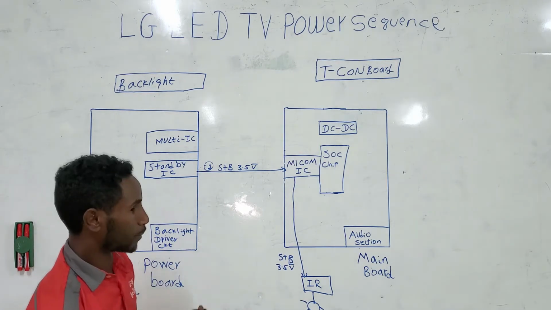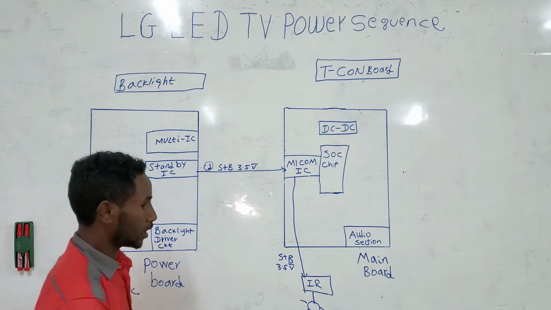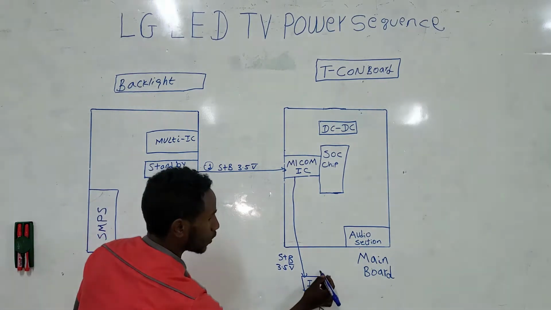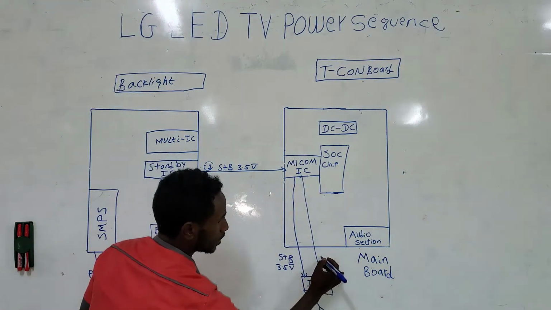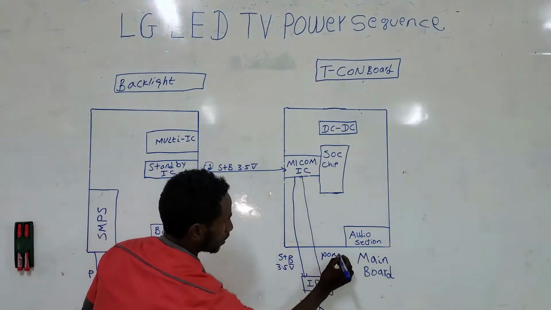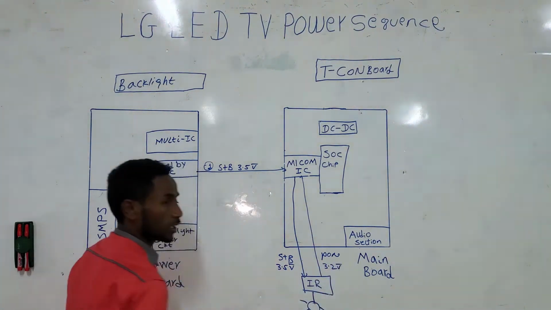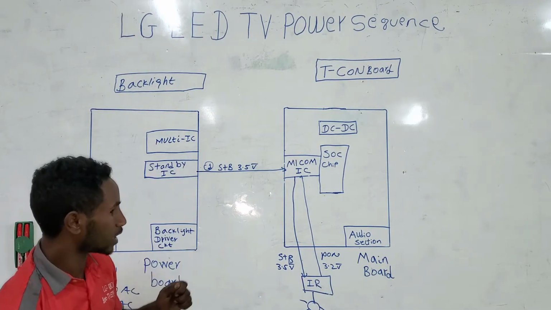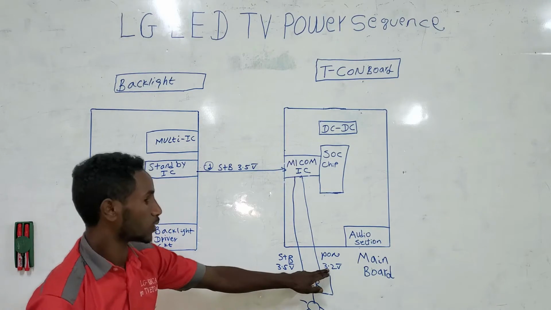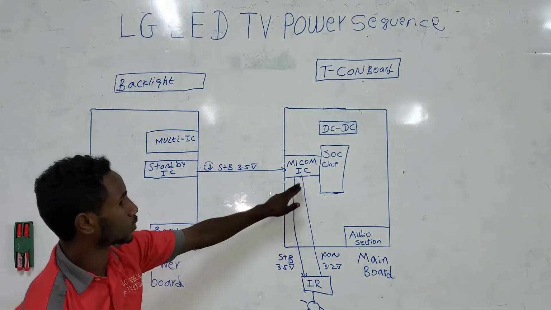When we press the power button or the power key from the TV side, we will have a return voltage, which is the power on voltage, that is 3.2 volts DC. So after we press the power key on the remote side, we will have 3.2 volts, the power on voltage from the IR side, and it goes to the MICOM IC.